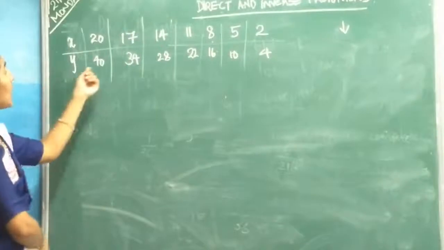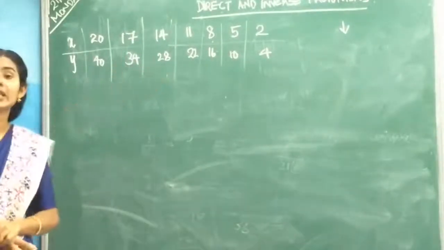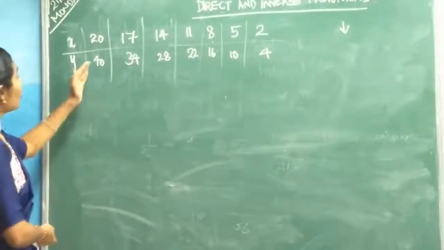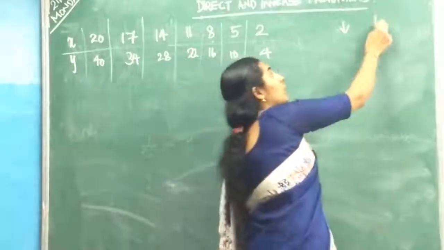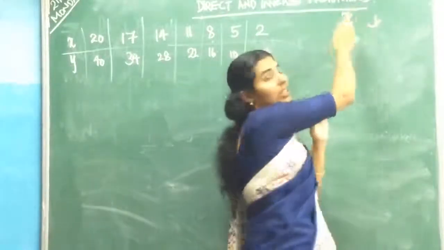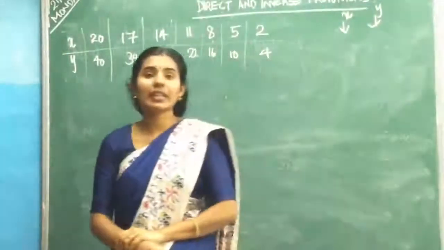So what is happening to the quantity y? That is also decreasing. See here 40, 34, 28, 22, 16, 10, 4. That means as the x quantity is decreasing, the corresponding y quantity is also decreasing.